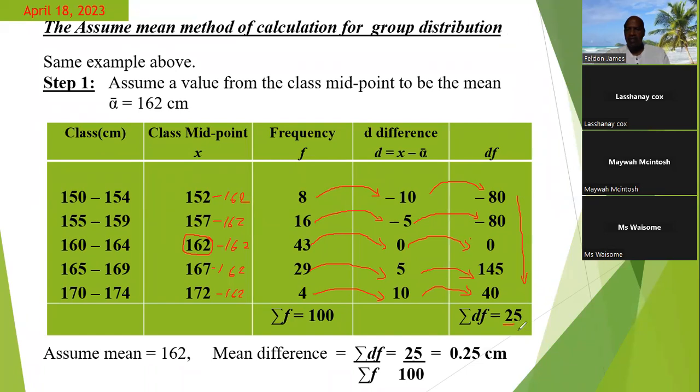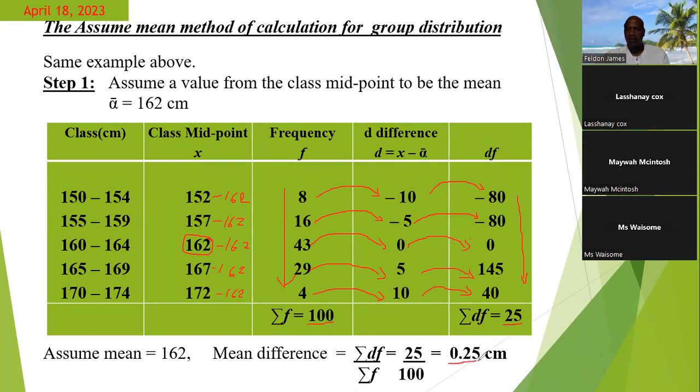Notice that this is a very small number. Now, you're going to divide this by the sum of your frequency. You add up all the values of your frequency and you will get 100. You will divide the 25 by 100.